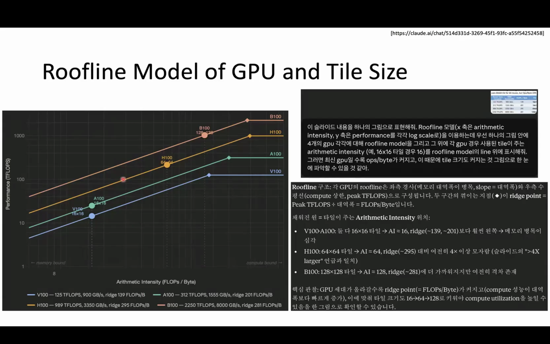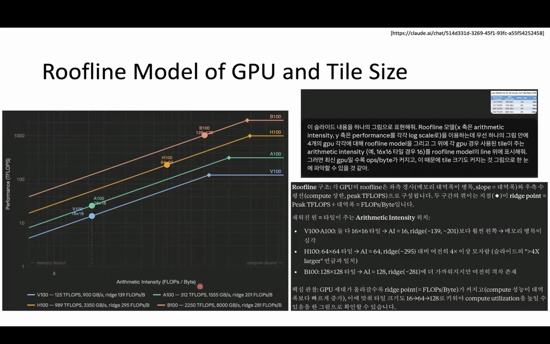But as we studied using the roofline model, in the recent GPU, we tend to follow this line. So here we have arithmetic intensity and performance. We continue to increase the effective performance by increasing arithmetic intensity, actually.